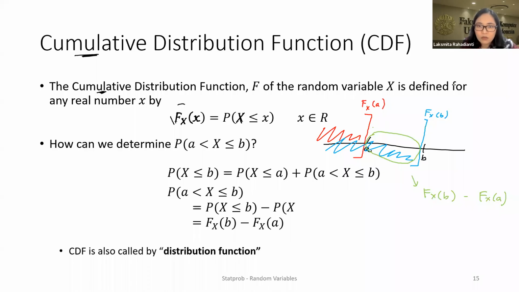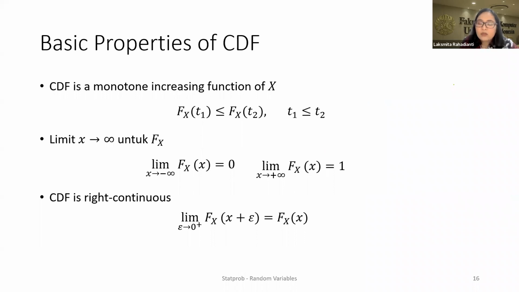Okay, so that's our CDF. Just like our PMF, our CDF will also have some rules that it needs to follow. Oh, we have limits here. Don't be scared, it's fine. The first one is that the CDF must be a monotone increasing function.